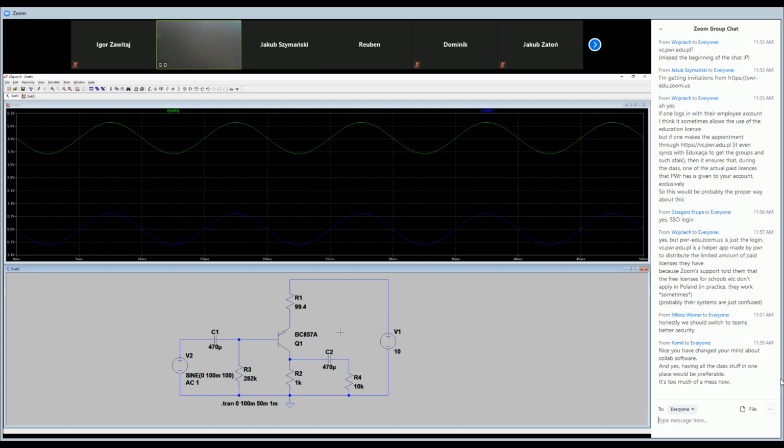Because I think so. DC power. This is the power consumption from the supply voltage. Yes, 5 milliamps times 10 volts. Okay. But how much power we are putting into load?